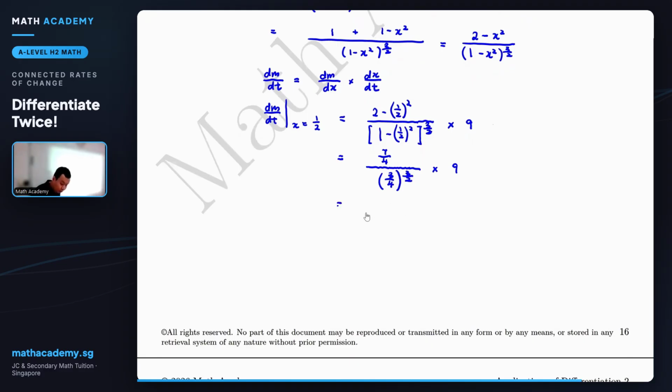If you have a power 3 over 2, what's the best way to evaluate in exact numbers? For powers of 3 over 2, let's split up into a power 1 times the square root. Okay, that will be the easiest for you to combine. These numbers can all be evaluated together.